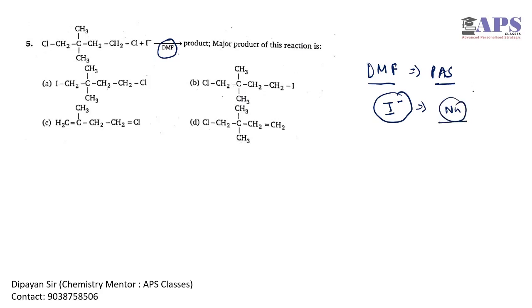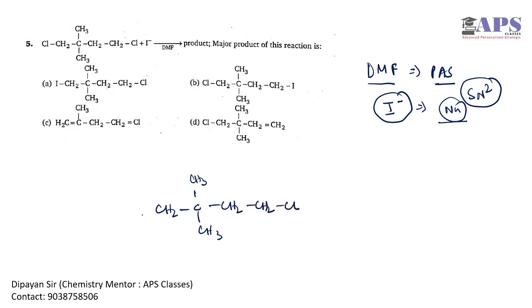Okay. So we are going to have SN2 reaction in this case. Now, if we closely look at the molecule given over here, CH2Cl, and this is Cl. So in both cases we have leaving group Cl present.